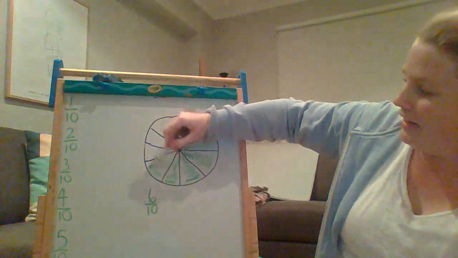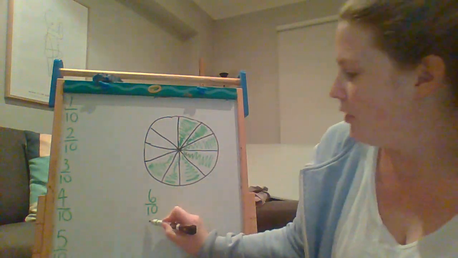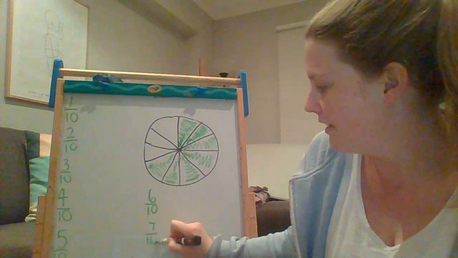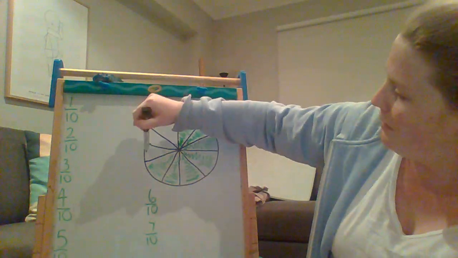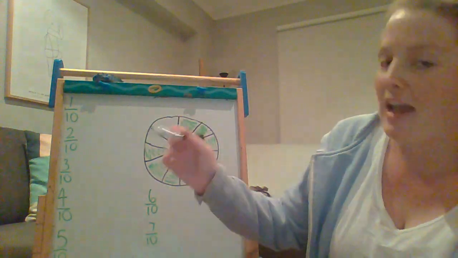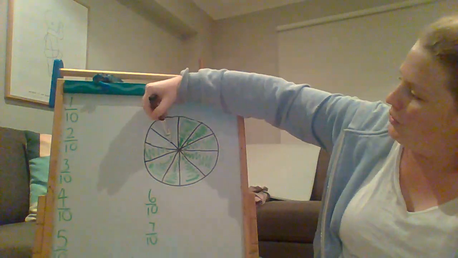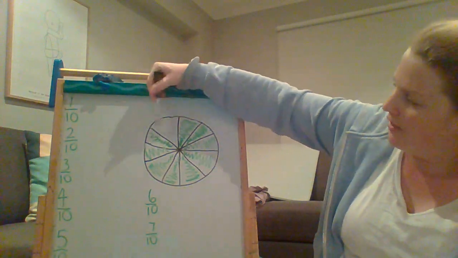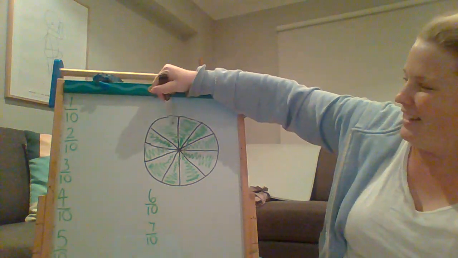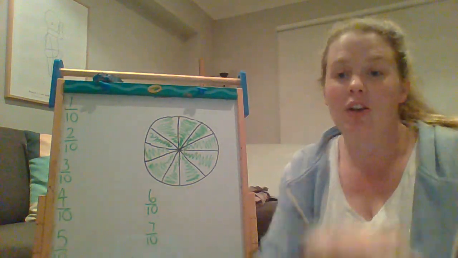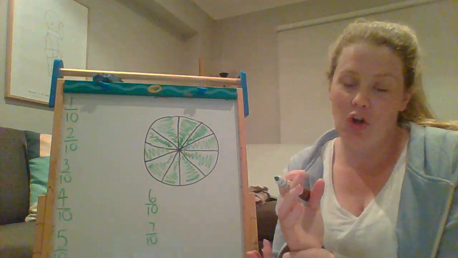If I did 7 pieces, it would be 7/10. And if I had 8 pieces, it'd be 8/10, and so on. And when I ate all the way up, so 9/10, 10/10, that is actually a whole number, isn't it? So I've eaten a whole pie.